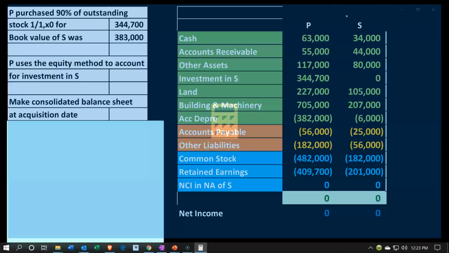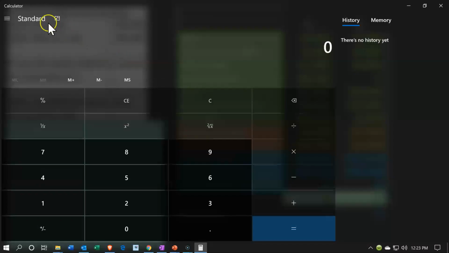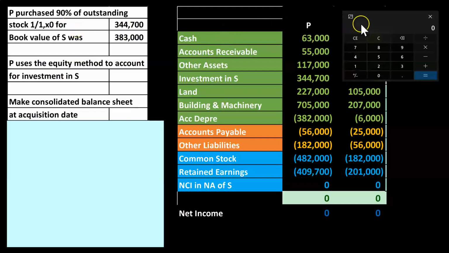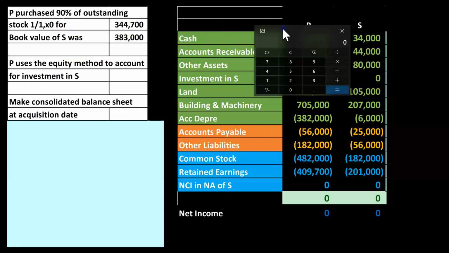So let's just consider company S over here. If we take a look at company S's data, then at the point in time that this purchase transaction took place, we had the 34,000 plus the 44,000 plus the 80,000 plus the 105,000 plus the 207,000 minus the 6,000 minus the 25,000 minus the 56,000.